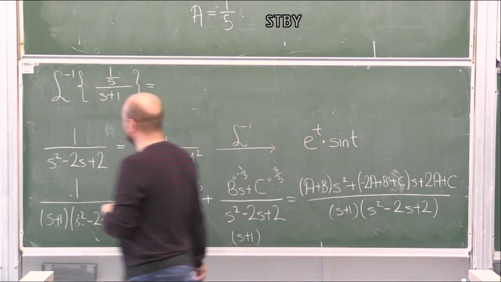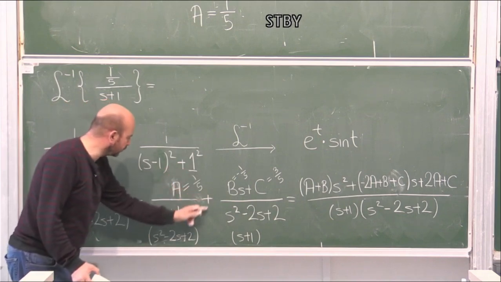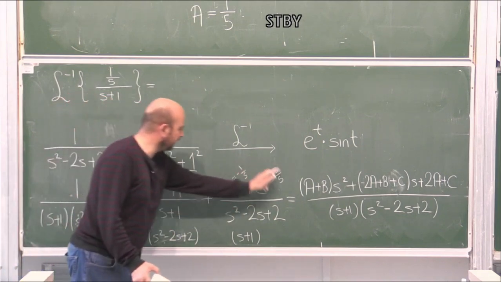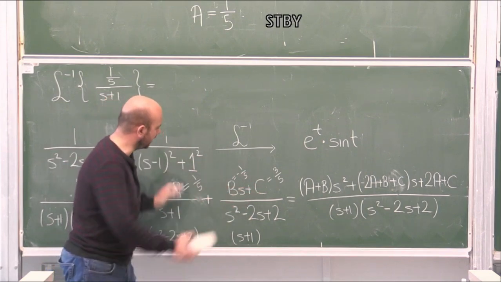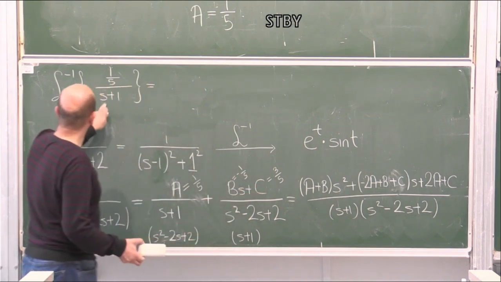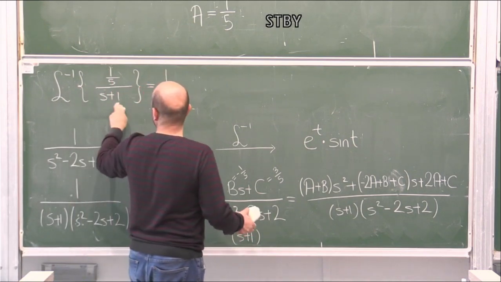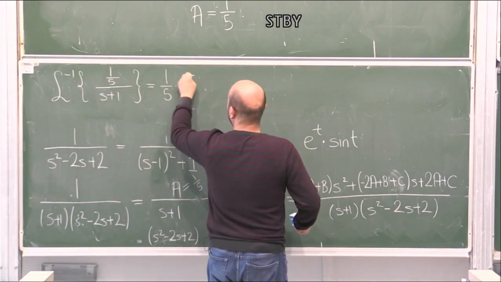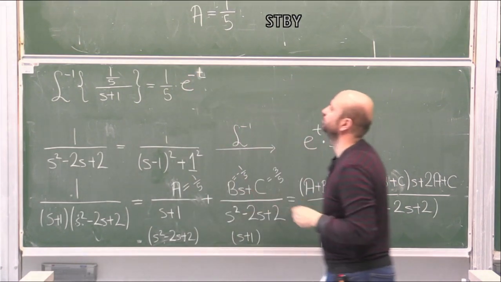Let me remind you, the Laplace inverse of this thing is equal to the Laplace inverse of this one plus the Laplace inverse of this one. So I will do this first and then this second, and then add them up. If you do this, 1 over 5 comes out, and this is the same thing as e to the minus t.